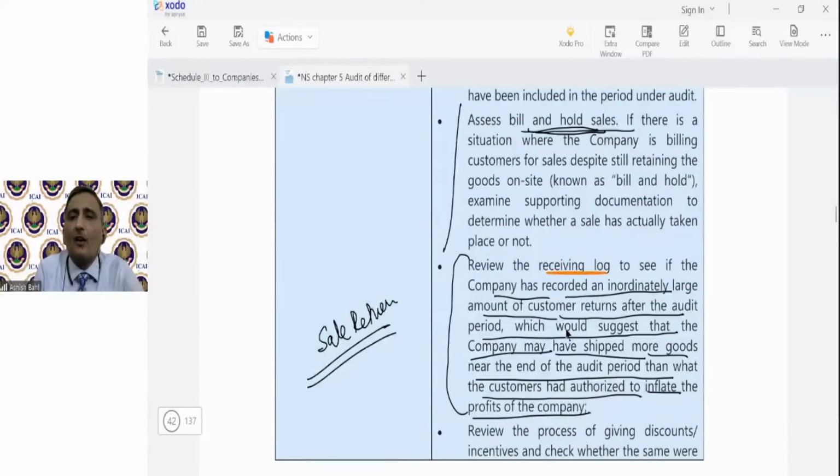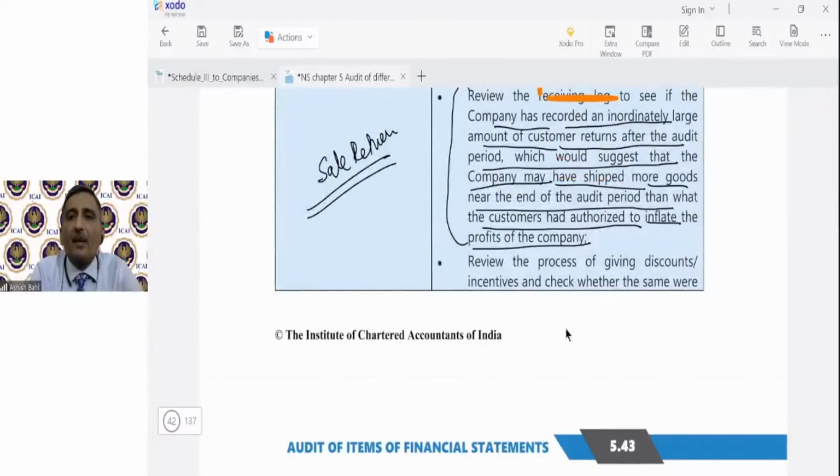Receiving log means a sort of register, to see if the company has recorded an inordinately large number of customer returns after the audit period, which would suggest that the company may have shipped more goods near the end of audit period than what the customer had authorized. So Parth is trying to say that the company made fictitious sales at the year end, and later the sales return happened in detail.